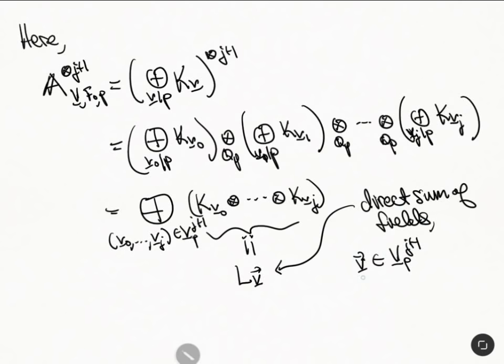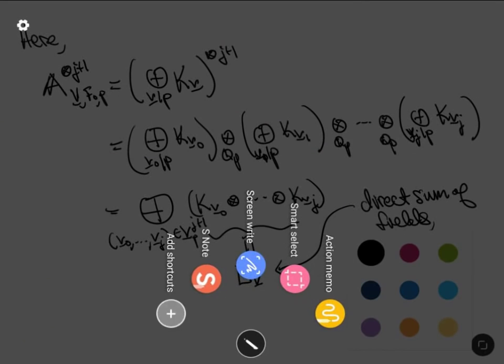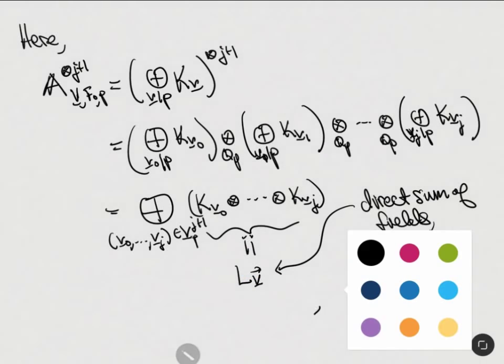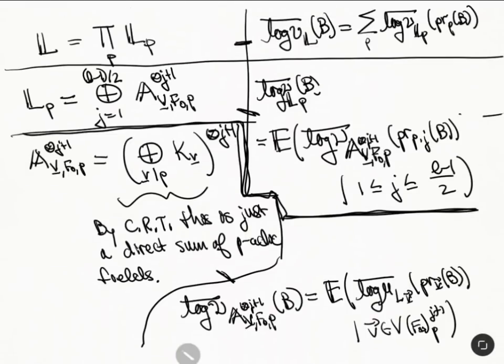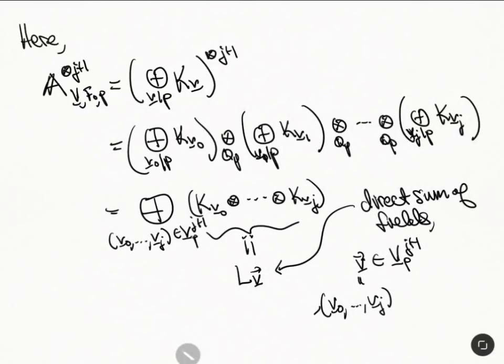Okay, so here in particular, this thing looks like V0, Vj. Okay, so it's one of these tuples. Okay, and so this will decompose as a direct sum of fields. The last thing I didn't say was how these expectations work. So the expectations.